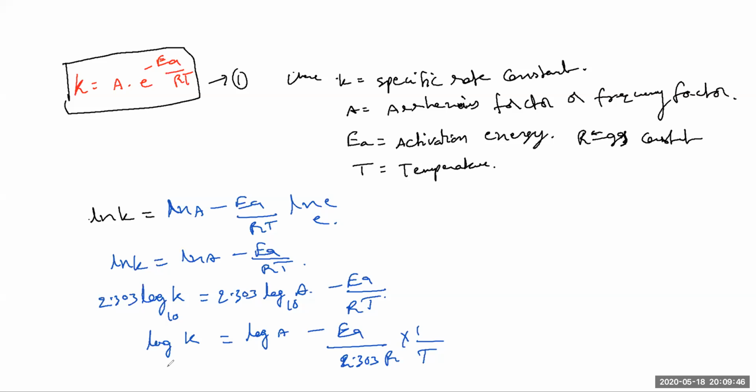It is y is equal to mx, the straight line equation, y is equal to mx minus c. It is a negative slope. See, for example, take this curve.